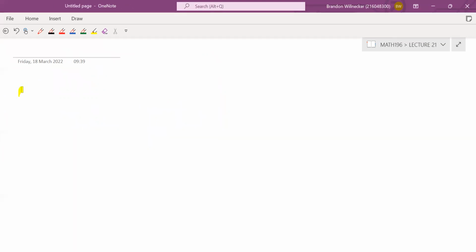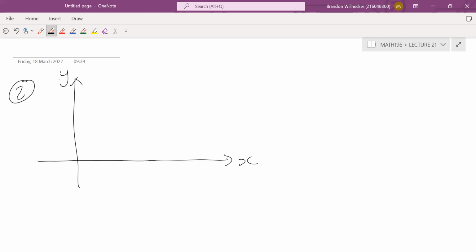So number 2. Okay, so let's just give you what the setup looks like. So we have x and y. We have the straight line, y equals 4 minus 2x.